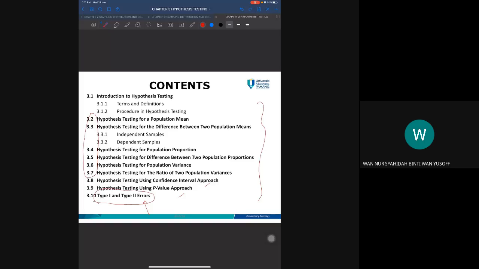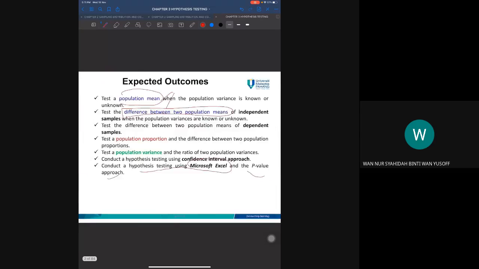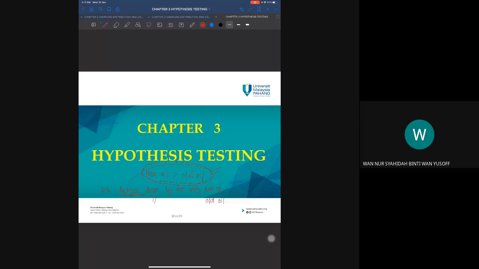For the procedure in hypothesis testing, it doesn't matter what method we use, you basically have about 4 to 5 steps. We start with formulating the hypothesis, like what we do here. This is how we formulate the hypothesis in general.